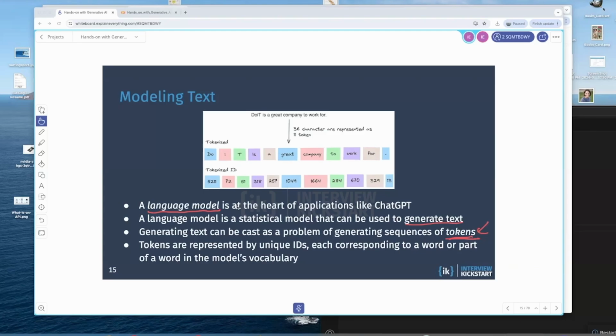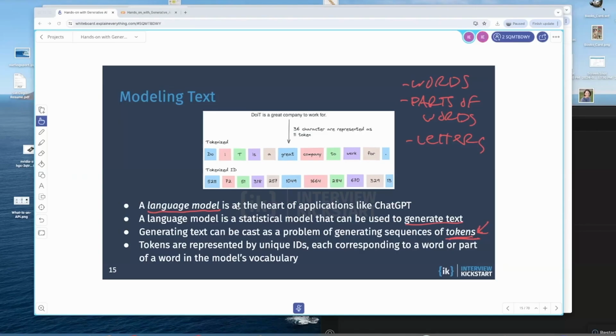Now, typically, the way those individual pieces of the sequence are generated is they could be words, but they could also be parts of words, or they could be individual letters. So the idea is that if I have a string of text, I might be able to break that down into individual words if those words are in my vocabulary.